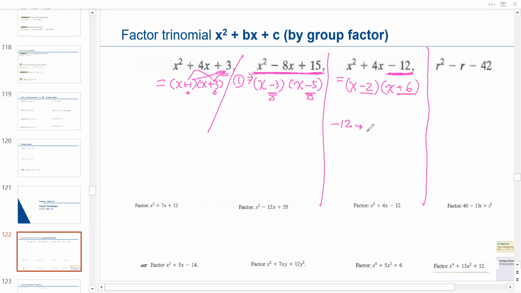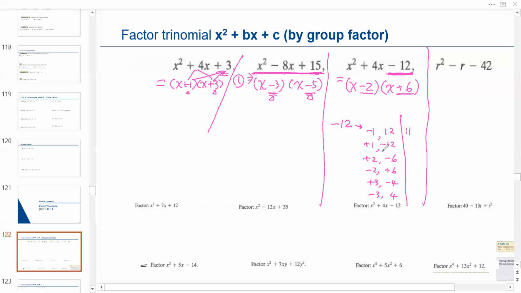So -12, when you break it down, you can possibly break it down into what? A lot, right? -1, +12, +1, -12, +2, -6, -2, +6, +3, -4, -3, +4. That's all, right? All right, let's find the sum of them.